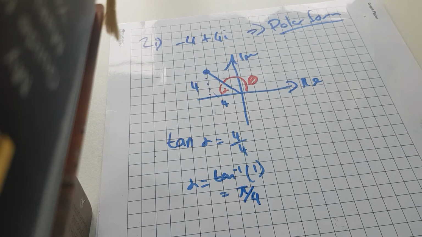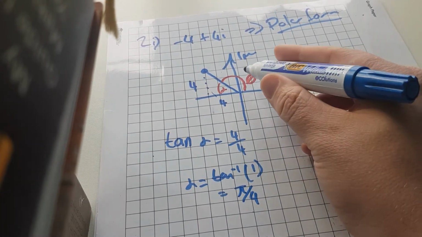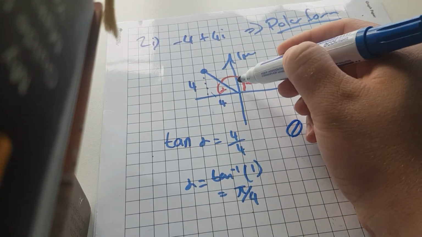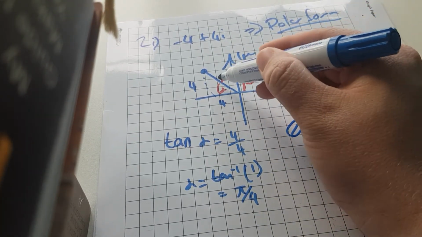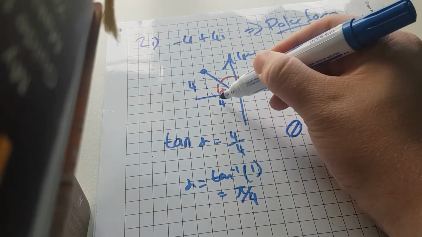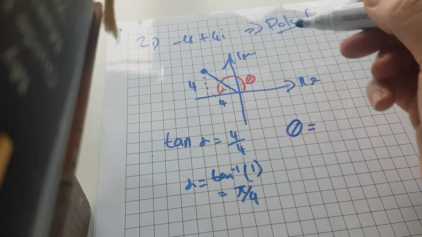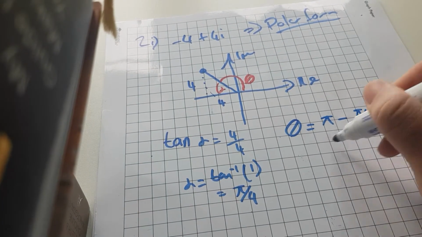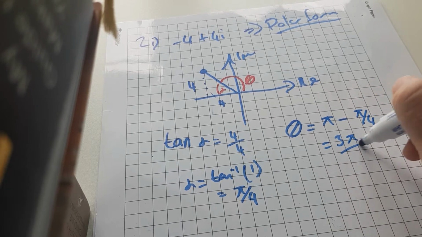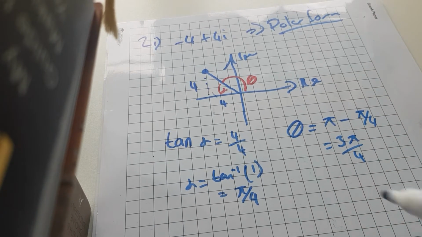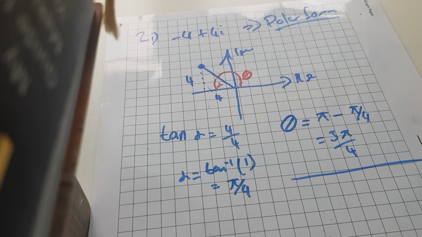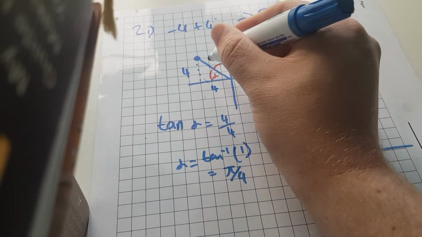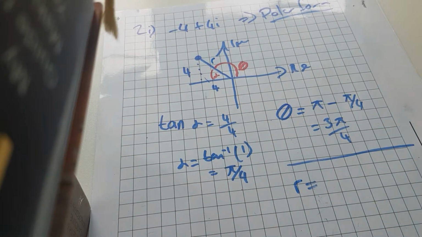Now, that means what is the argument? Well, the argument then, it's not a full pi, it's not 180 degrees or pi radians, it's pi radians take away the reference angle. So it's 3 pi over 4. The next thing I need to do is find the modulus, which is this length here, and I just use Pythagoras' theorem.